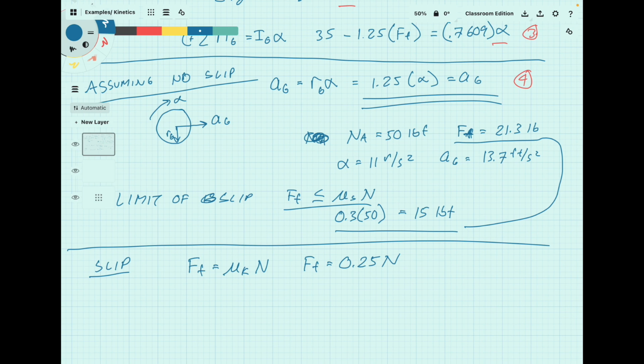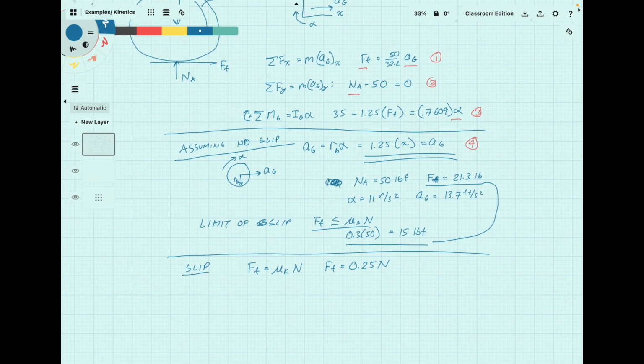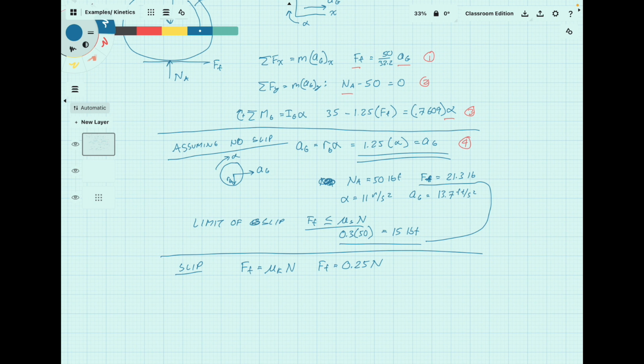You can go back and work through everything, set the equations up with that change in mind, and now you are solving 1, 2, and 3 along with the new, let's call it 5, and that gives you a few different values. The normal reaction is still the same, it's 50 pounds.